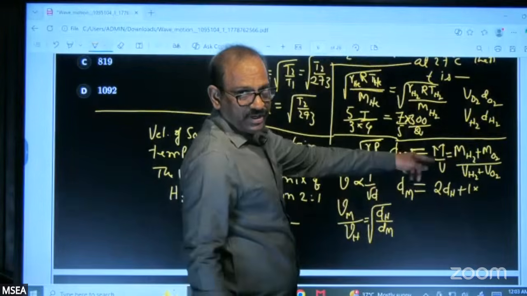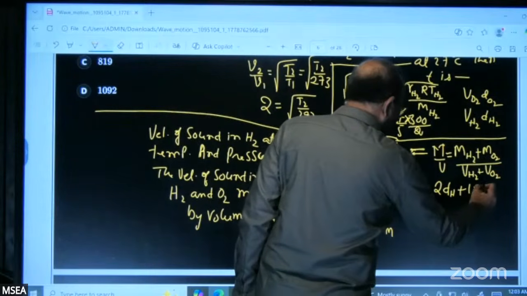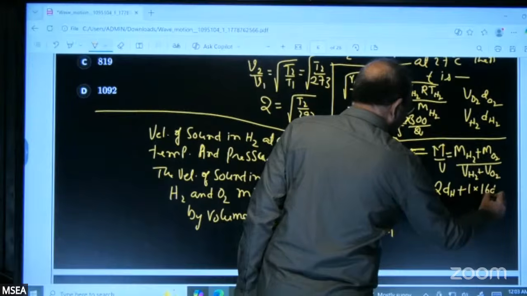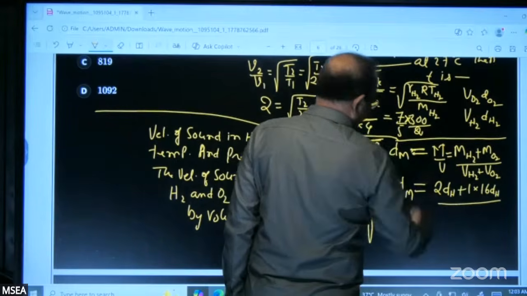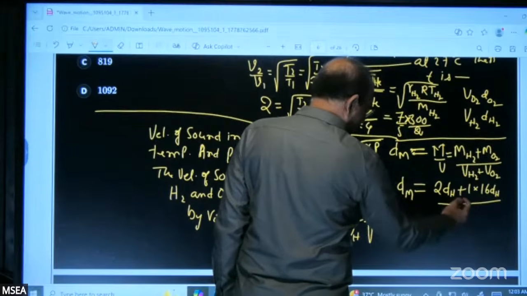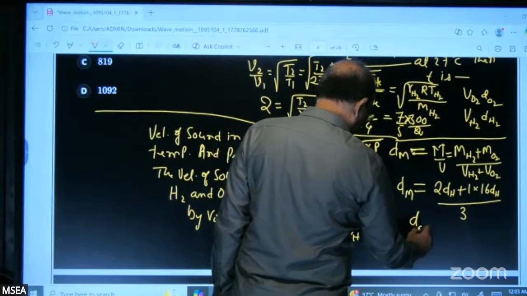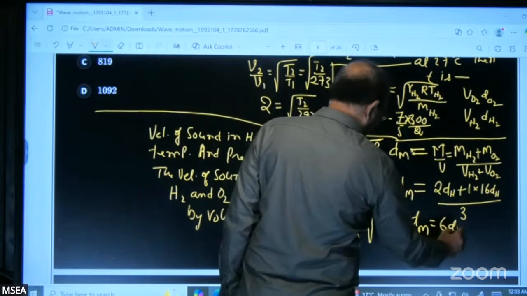Observe oxygen density. Oxygen density, how many times of hydrogen density? 16 times the hydrogen density, divided by hydrogen volume plus oxygen volume, 2 plus 1, 3. So 18 DH by 3 you are getting. So mixture density is 6 times the hydrogen density.